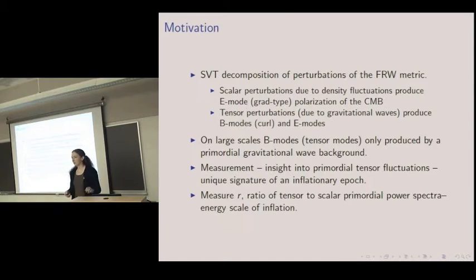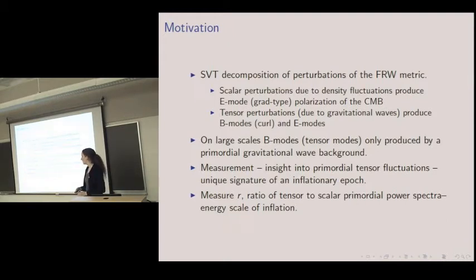On large scales, a B-mode signal is only produced by a primordial gravitational wave background. So detection of B-modes on large angular scales will give us insight into primordial tensor fluctuations, and will be a key signature of an inflationary epoch.